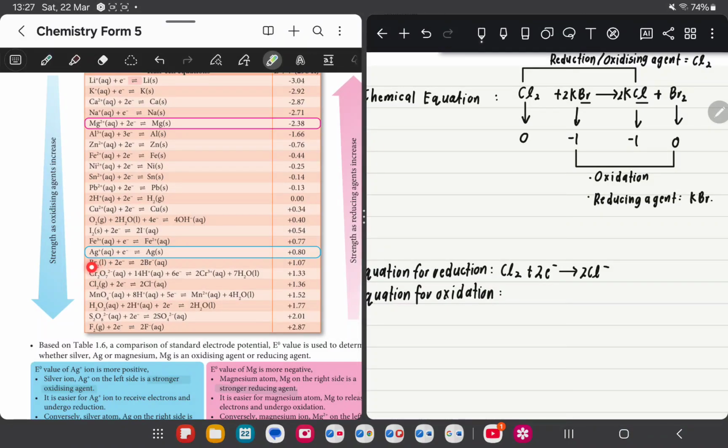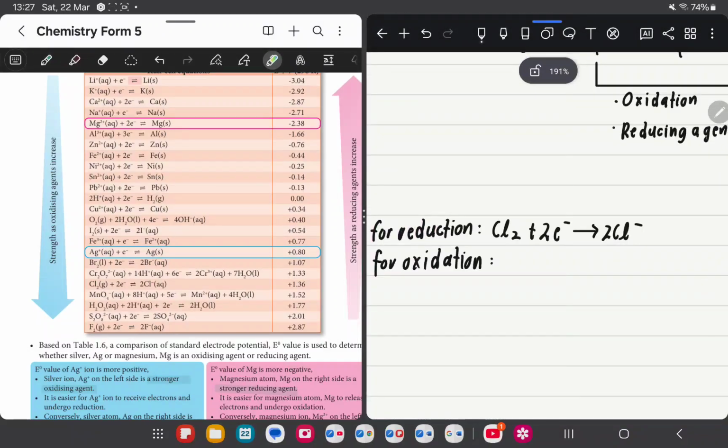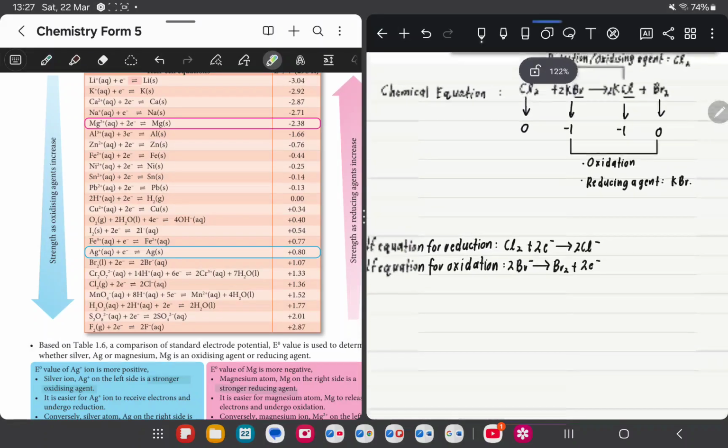Okay, somewhere my Br is here. But it undergoes oxidation, so I must write from back to front. So it will be 2Br minus produces Br2 plus 2 electrons. So this is my final answer.